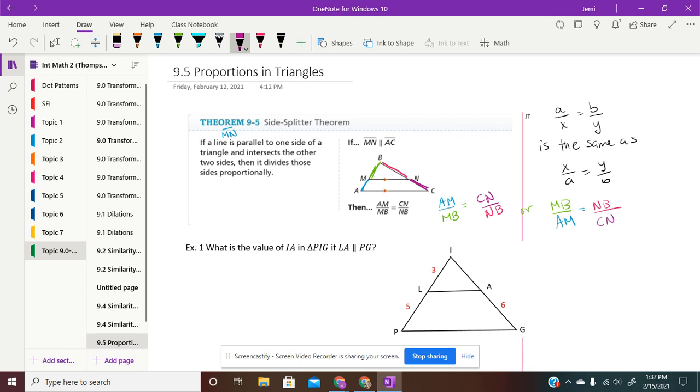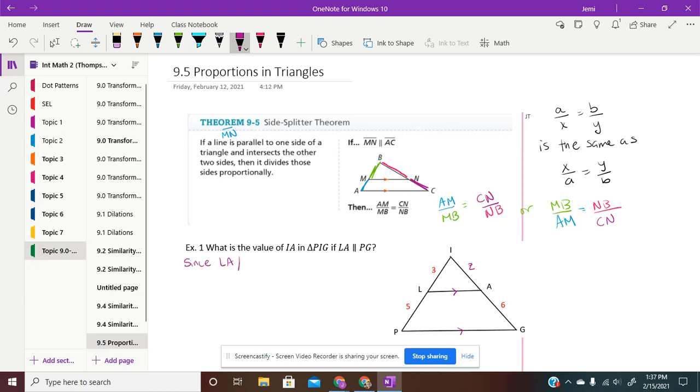Example 1, what is the value of LA? You guys know I like to use a variable here, so let's call it Z. I know that LA is parallel to PG. Well, if LA is parallel to PG, then that cuts these sides proportionally. So I'm going to write this out just so you have some reasoning as you go through this.